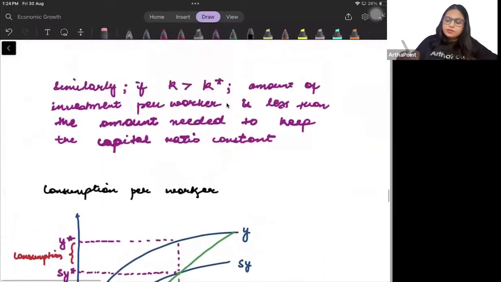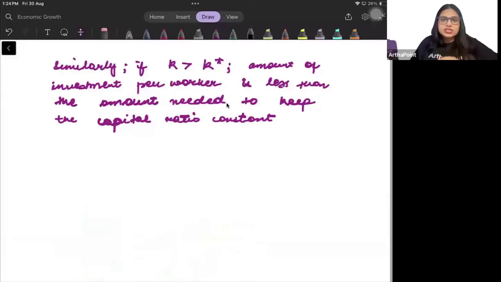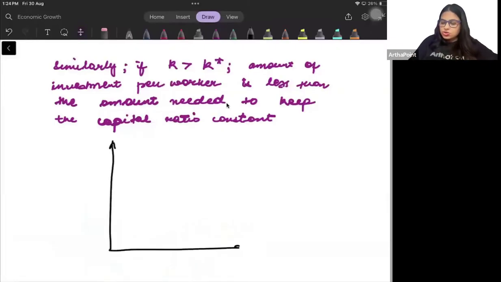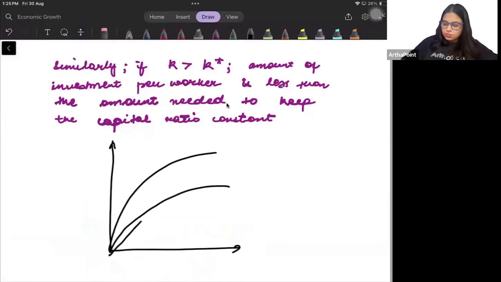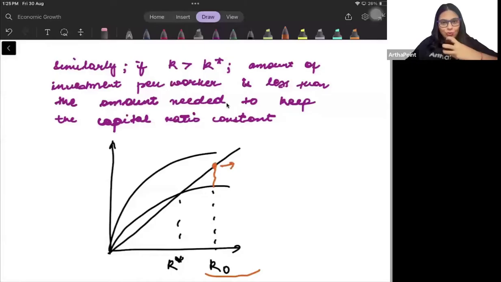Similarly, if we begin with some capital which is after the steady state, right? Suppose I start here, K naught, this is K star. So you notice that at this K naught, this depreciation part is more.